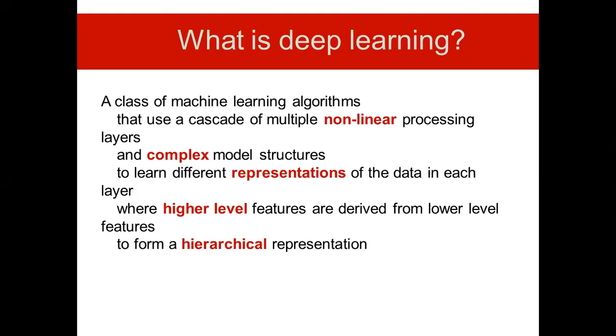Deep learning is about nonlinear transformation. It can capture very complex relationships and subtle patterns from the data. It's also about learning representations of the data. The users don't need to manually craft features. We can automatically learn features from the data, and those are usually high-level features.